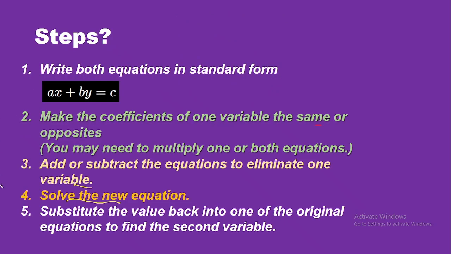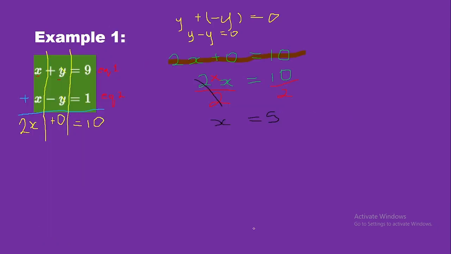Let's go back to our steps. Step 5: substitute the value back into one of the original equations to find the second variable. So to find the second variable, we're going to plug our x equals 5 into any one of these original equations.